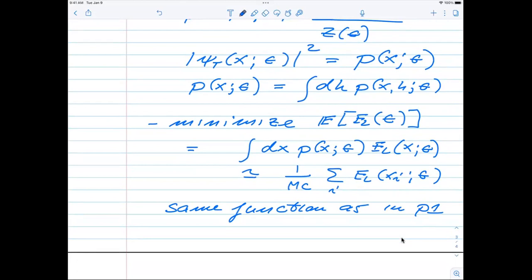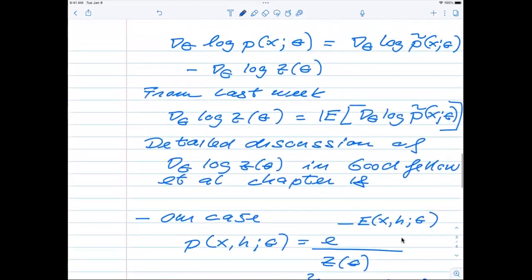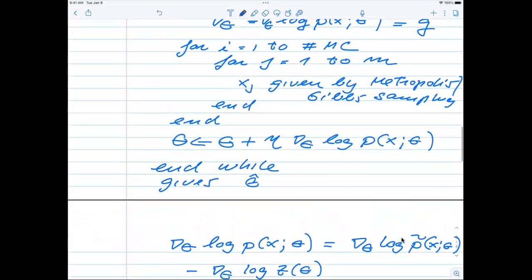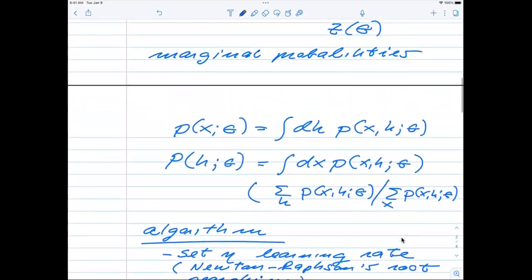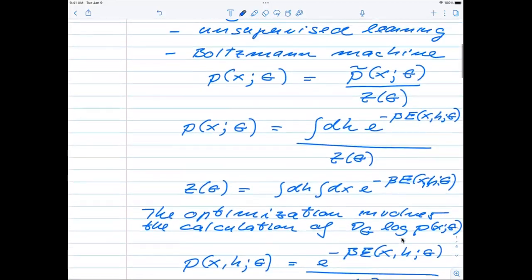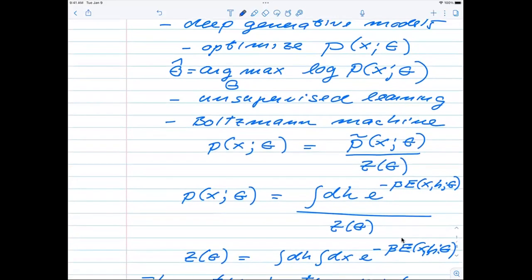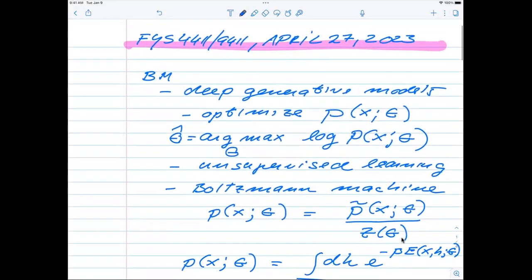Now, we are not going to focus too much on the traditional Boltzmann machine. I just want you to keep this distinction clear, because in the slides, you will find in the beginning how you would set up all the calculational ingredients for running a calculation with a traditional Boltzmann machine or a restricted Boltzmann machine.